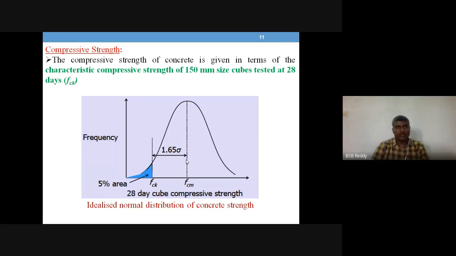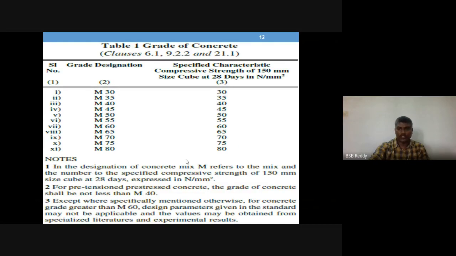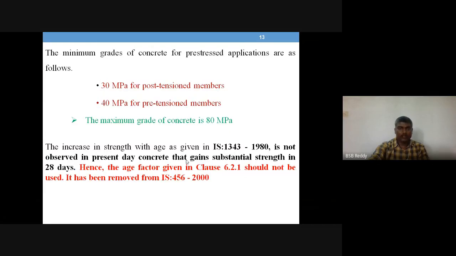Last session, we talked about the compressive strength and properties of hardened concrete. So, compressive strength, which was discussed in the last session, and the minimum grade of concrete required for a pre-stressed concrete member.